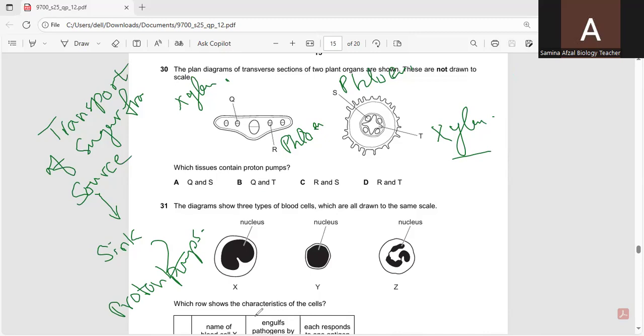So we will go with the C option, which is phloem. Q and T are xylem, so they don't need these proton pumps, because the sucrose has to be loaded in the phloem sieve tube elements. So the proton pumps are needed by the phloem. So R and S is the correct option.